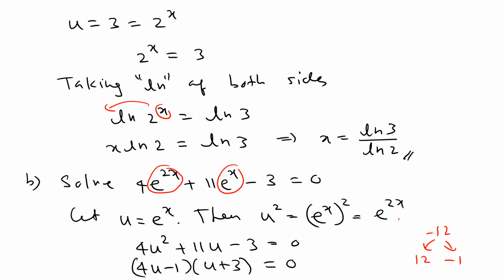Okay, so now we can use those two factors separately. We have 4u minus 1 equals 0 or u plus 3 equals 0.